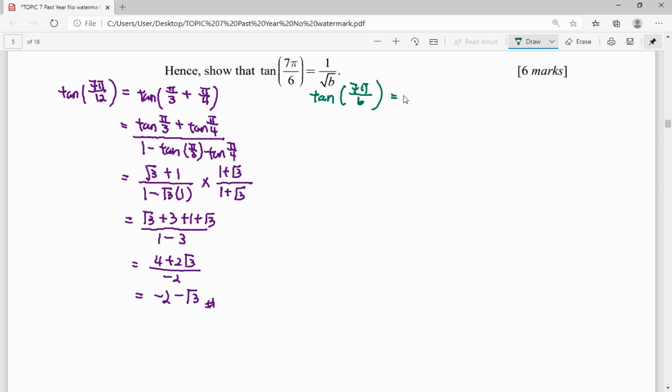So this is our tangent 2A, where A is 7 pi over 12. So we express our 7 pi over 6 as 2 times 7 pi over 12.